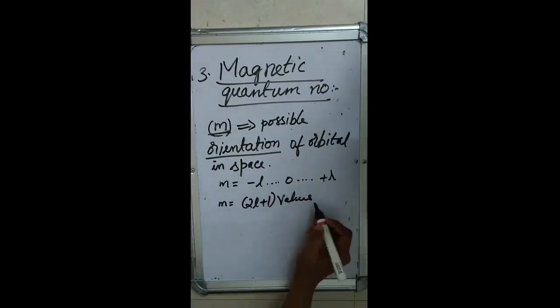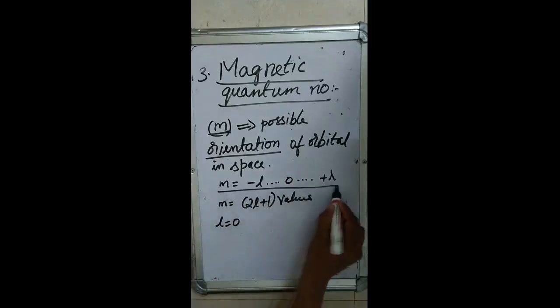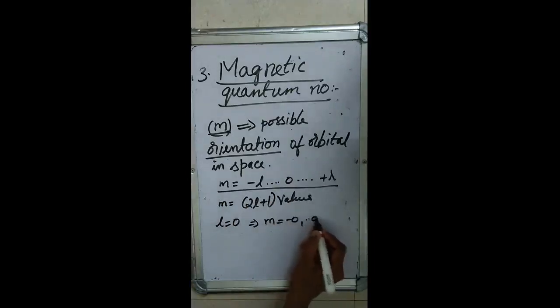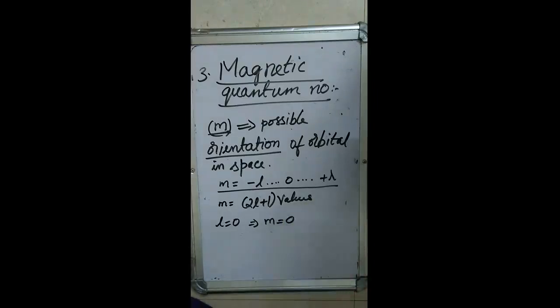Suppose l is equal to 0, then how to write the m value? It is written as m is equal to minus 0, 0, plus 0. So this indicates that it is nothing but 0.